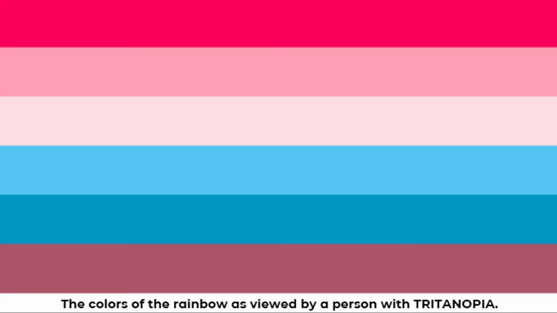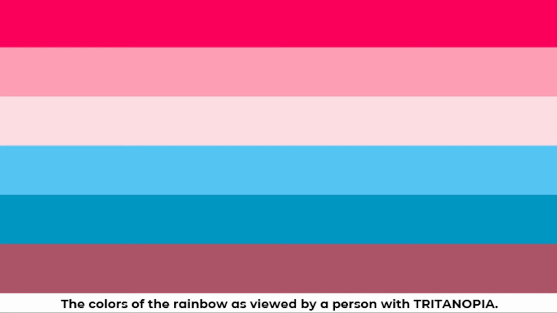On the third level is what we call tritanopia, the absence of blue. Tritanopia people would not see that blue, but more of a violet or brownish or light blue, but the exact spectrum of blue is not there.